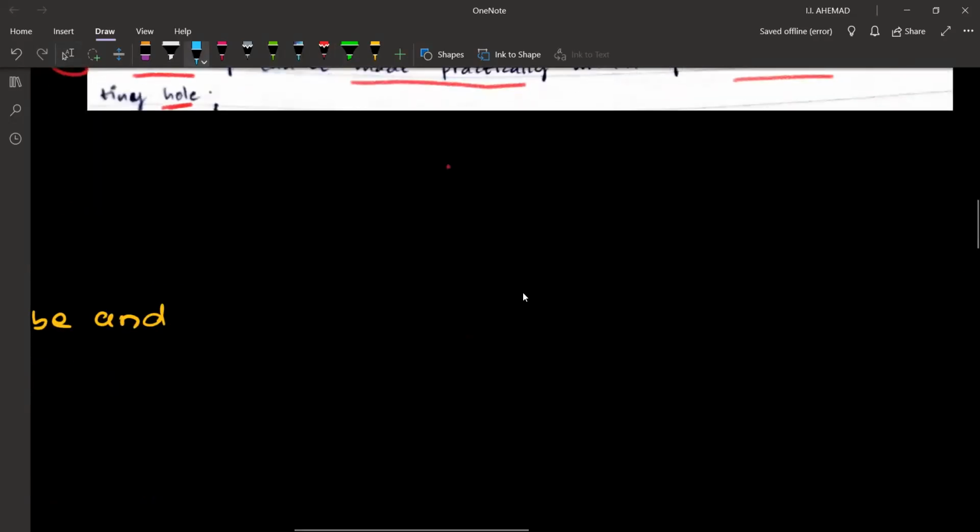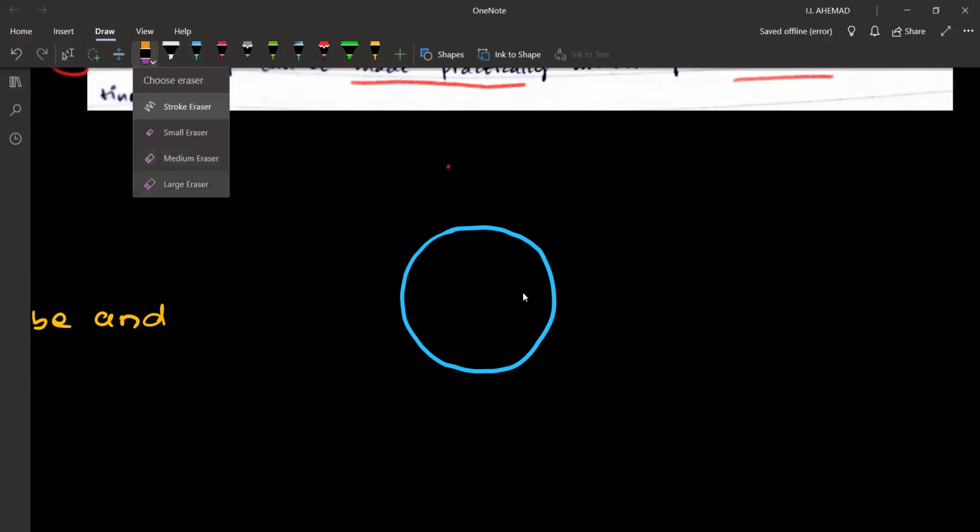Let's take a small spherical object, and in this spherical object, we have a small cavity, a small hole through which light can enter.